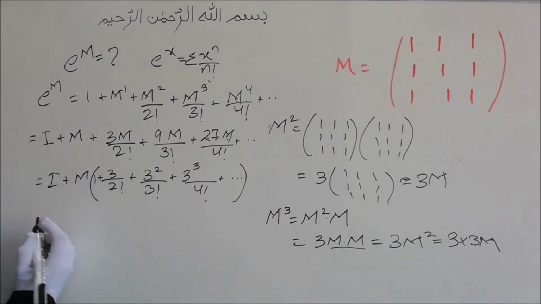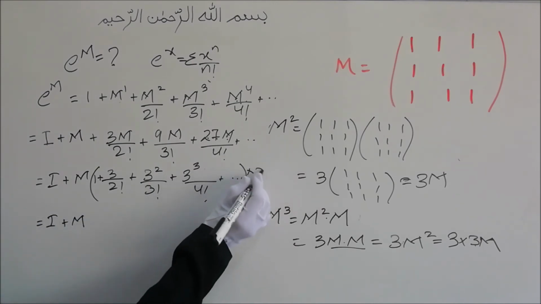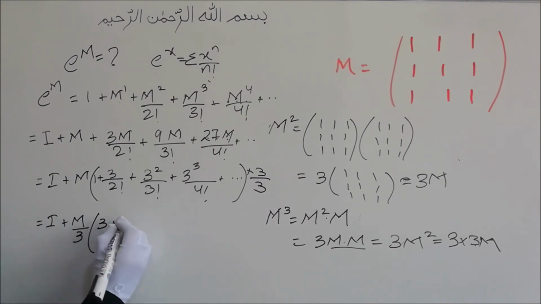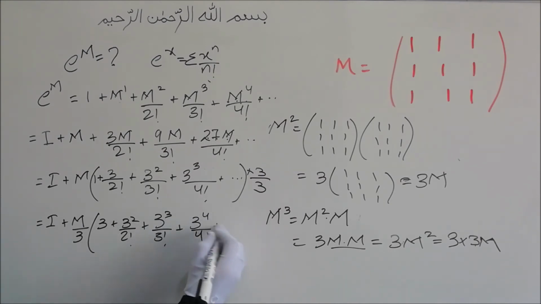Now what I will do here is, inside the bracket I'll multiply by 3 and divide by 3. What I'll get is m divided by 3, and we'll have 3 plus 3 squared by 2 factorial plus 3 cubed by 3 factorial plus 3 raised to 4 by 4 factorial plus so on.